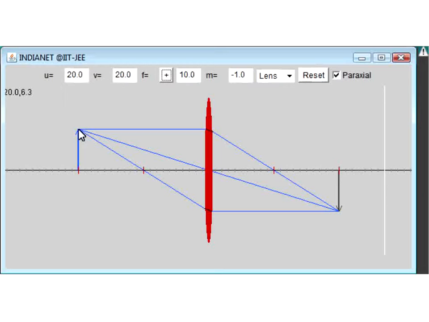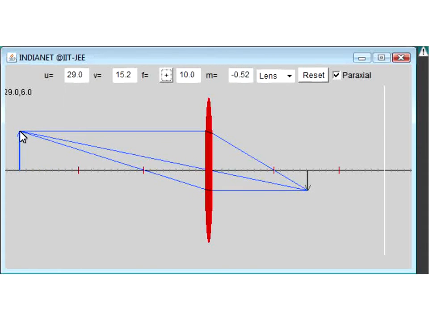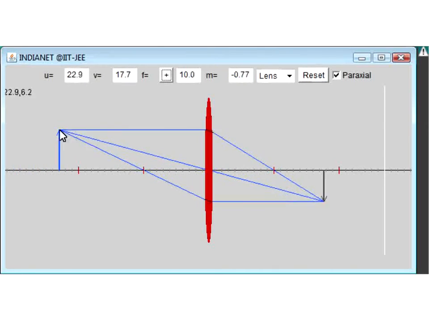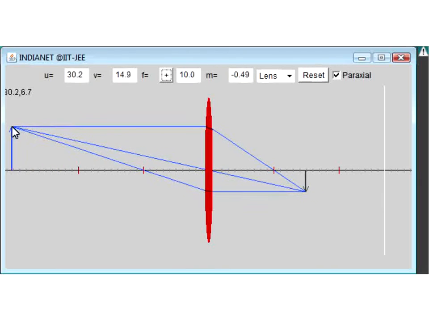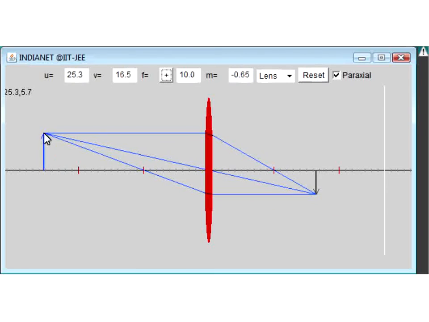Rays are actually meeting, real. So that's the same size case. Now if I take it on the left side, the object goes further but the image comes closer. Look at that velocity. And behavior wise, it is small, opposite, inverted, it is real. That's beyond 2F.